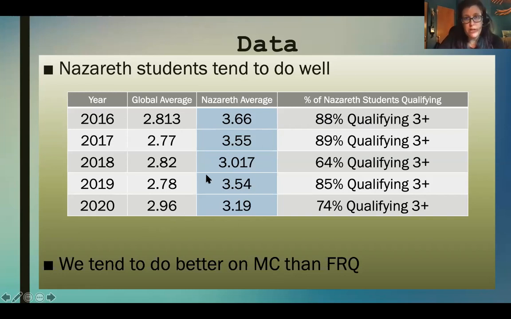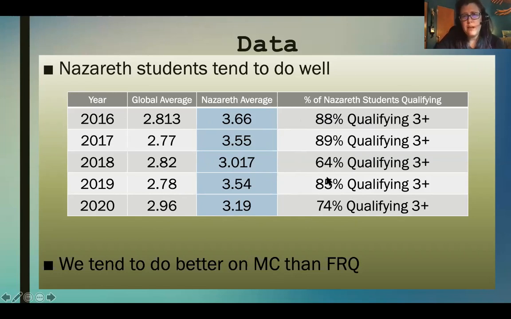Now you'll see we're varying degrees above the global average. These 2 years we were quite a bit ahead of the global average. Last year we were just a little bit ahead. Last year's scores, I think, are a bit of an anomaly because of the way the test worked out, with only one question. But this is the percentage of our students here at Nazareth earning a 3 or higher.